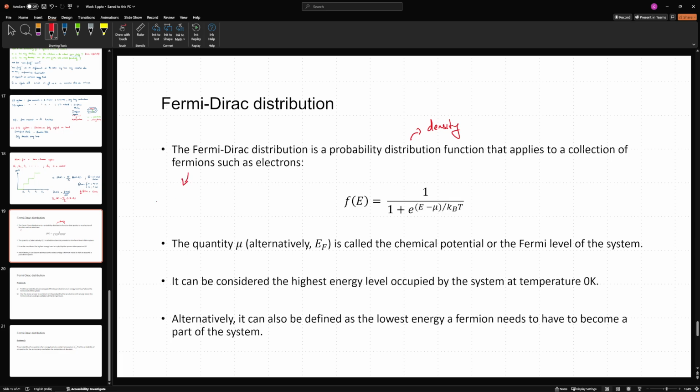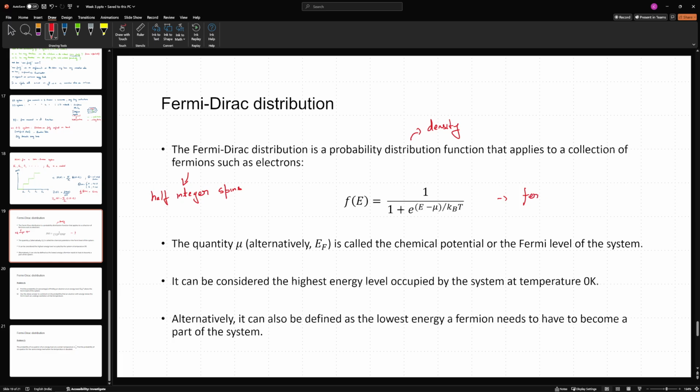Fermions are particles with half integer spins. Not going into the fundamentals of this, the most commonly known fermion is the electron. Protons and neutrons are also fermions.